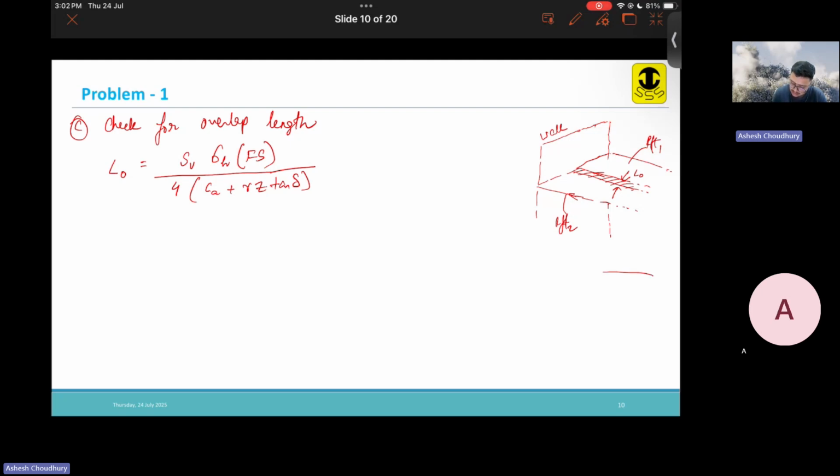One geotextile like this, other geotextile like this: one, two, three, four. Like this, four surfaces are in contact. So we are using four.